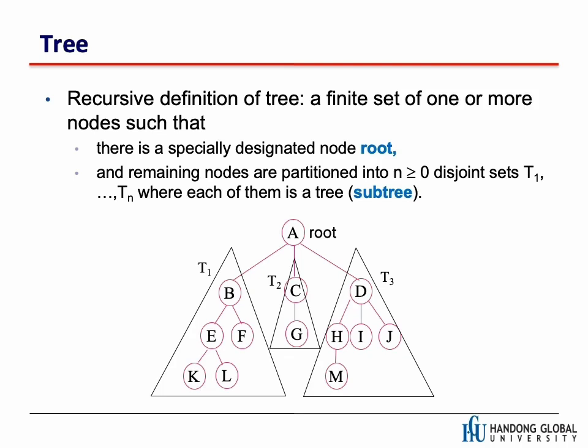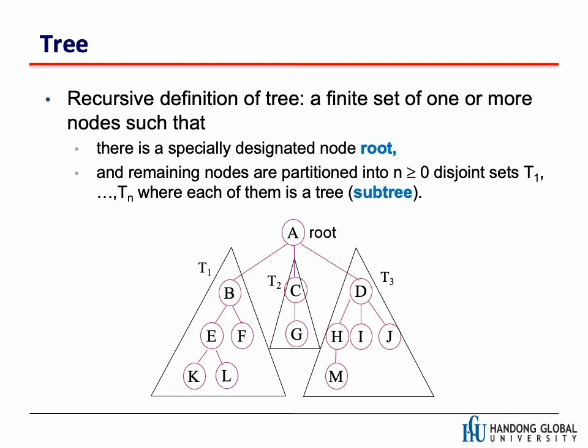Let's zoom in and focus on T1. T1 is a subtree, which means T1 is also a tree. In T1 we have one root node, which is B, and then we have subtrees. E, K, L makes one subtree, and F is another subtree. One step further, in the first subtree E, K, L, E is the root node, and K is one subtree, and L is another subtree.